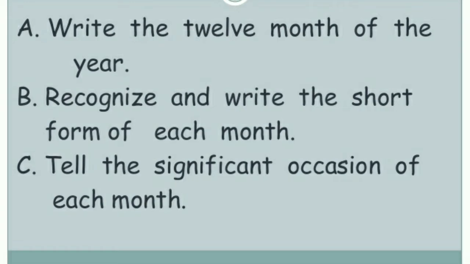Then B. Recognize and write the short form of each month. So the short form of each month is Jan, Feb, March, May, June, July, August, September, November, and December.